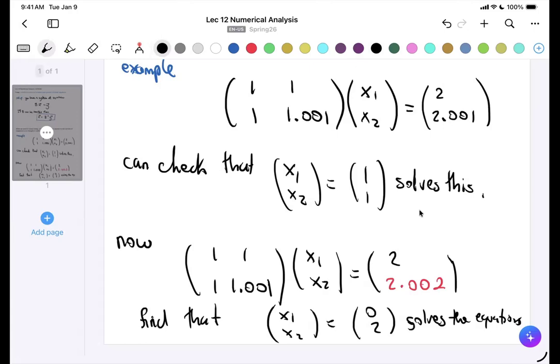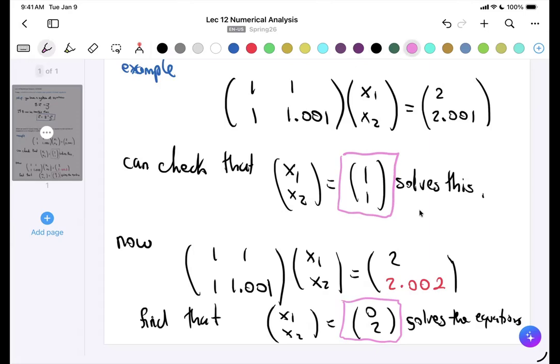So in the first situation, the vector was (1, 1). And in this second situation, the vector was (0, 2). Okay, which does feel like a big change, from a small change in one of these coefficients, right? Just from 2.001 to 2.002.